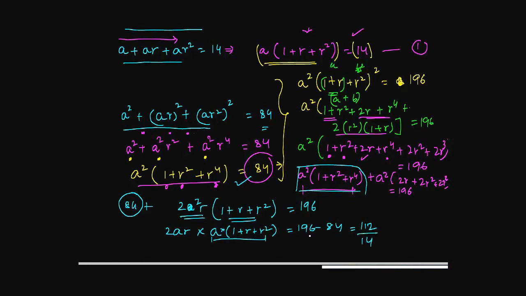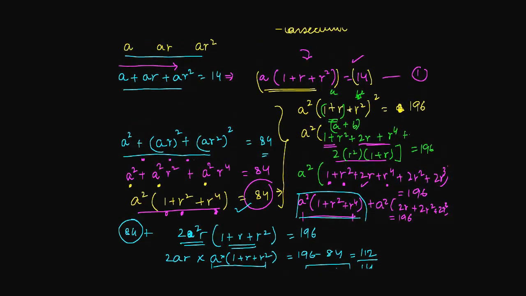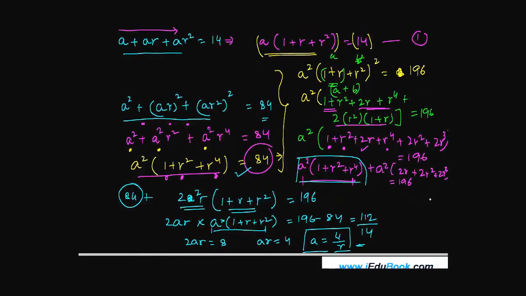So we get 2ar is equal to 8, ar is equal to 4, or a is equal to 4 upon r. Once I've got the value of a, can I solve the value of r as well? Yes. And what do we do for that? We'll put this value of a in the first equation, so you have 4 upon r as the value of a.